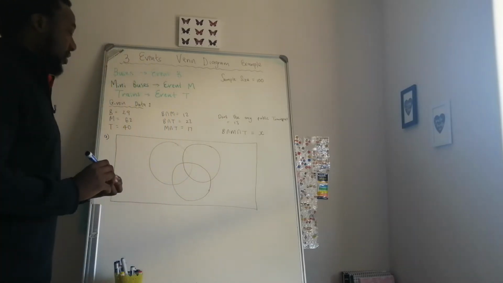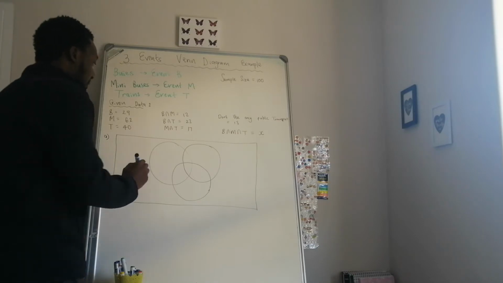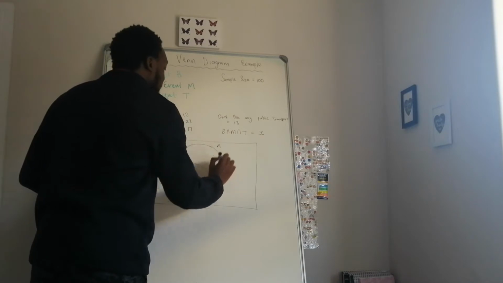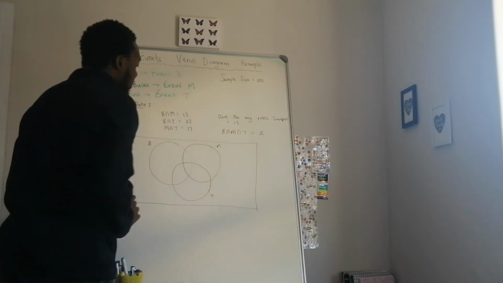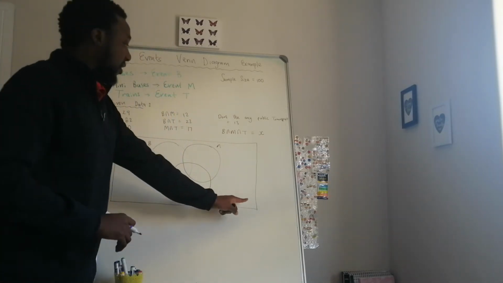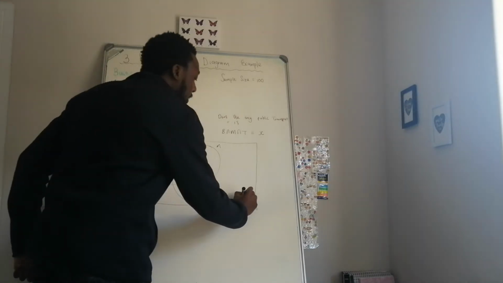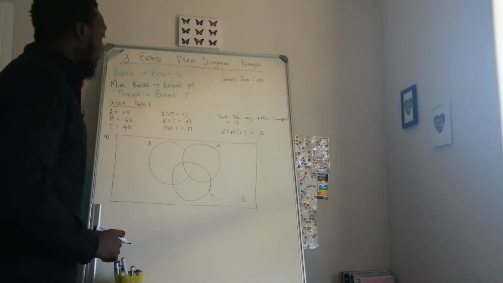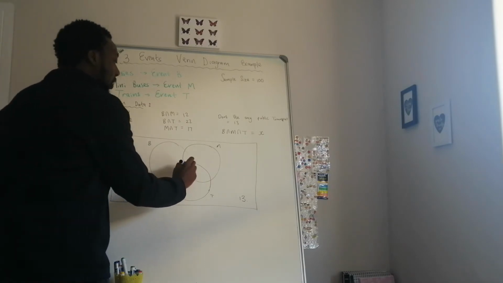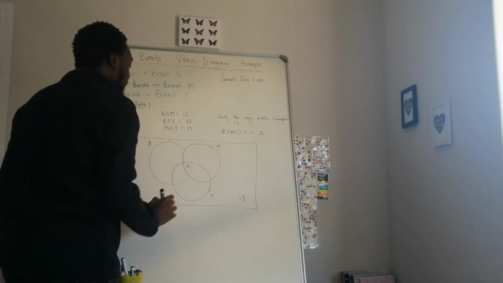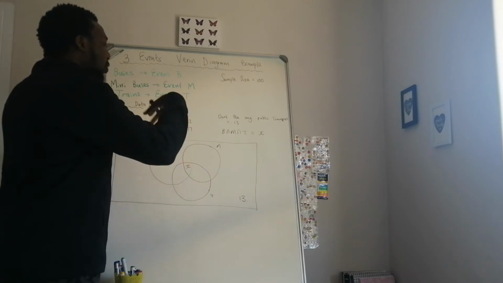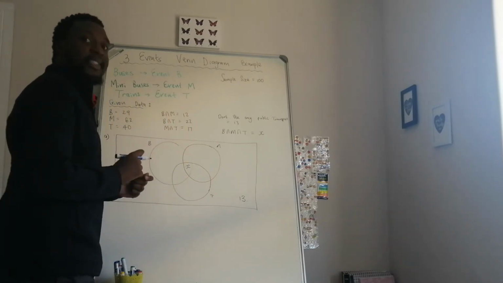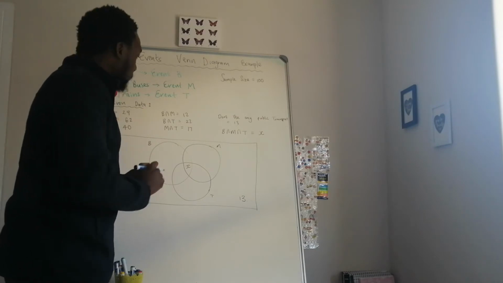And that's my trains. Label them buses, minibuses, and trains. So I can already fill in the number of people that don't use any, which is 13. Here we're told this is X. And so we're told to answer this question and write everything in terms of that X.